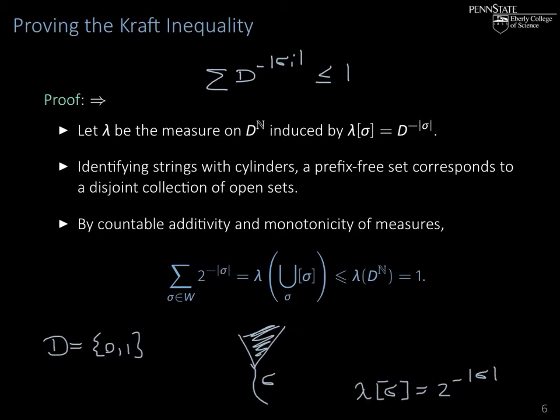So now if we identify a string with the cylinder it induces, a prefix-free set corresponds to a disjoint collection of open sets, right? If we have several strings in a prefix-free set, we look at the cylinders, then this will be a disjoint collection of open sets. But then we can just use the countable additivity and the monotonicity of the measure that we just defined, and say that the sum of 2 to the minus length of sigma, so here I already assumed that D is binary.